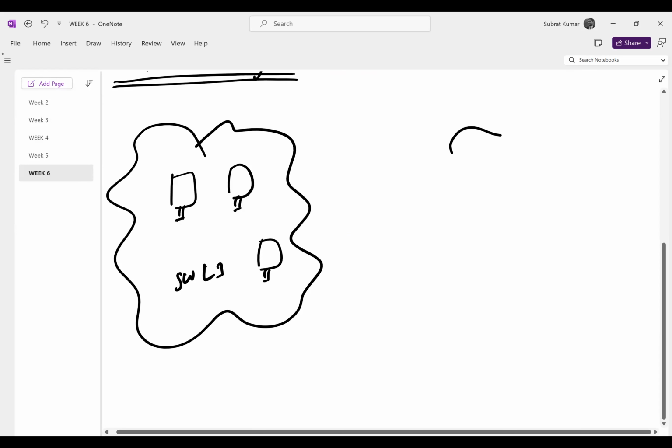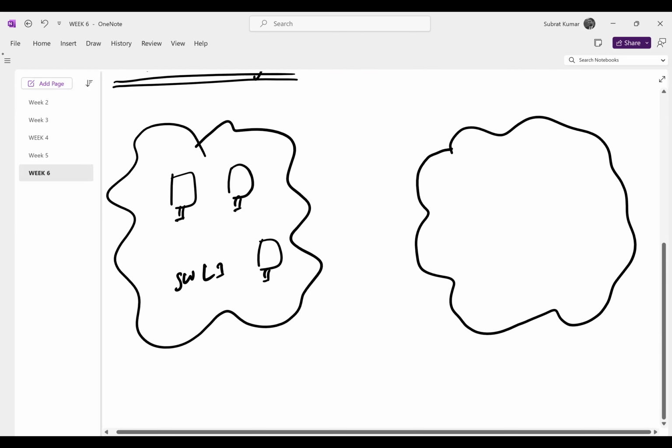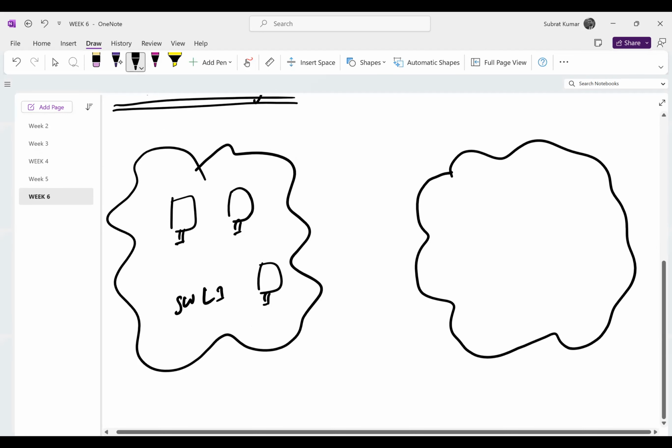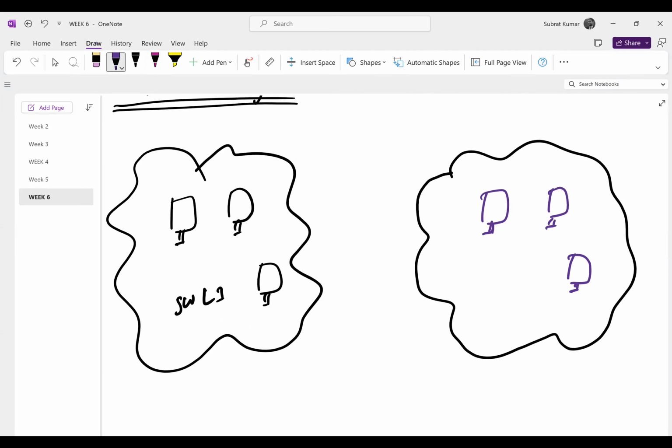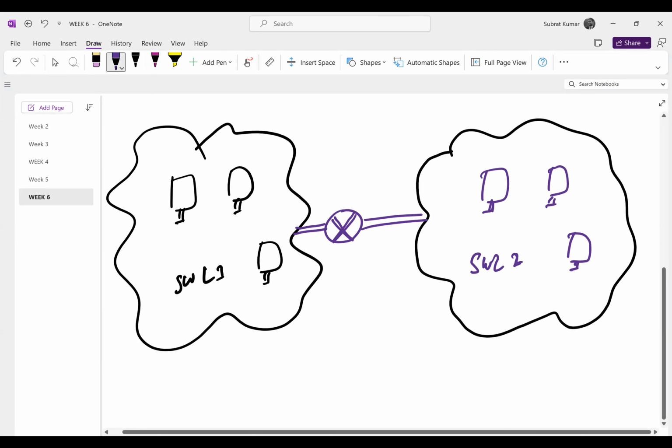And there is another network like this, with some machines, let's say software lab 2. To connect these two networks, we put a router in between. This is a router.